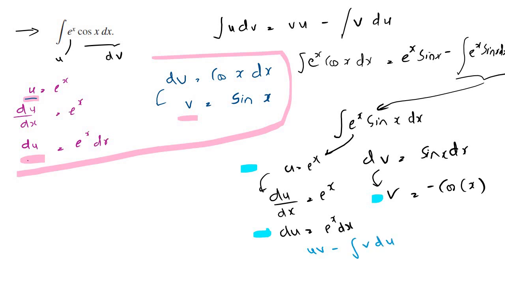So uv here is minus e to the power x cos x, minus integral, again we have minus cos x e to the power x dx. So we see that the integration of this part is repeating itself. Let me take the next slide to show what we do next.